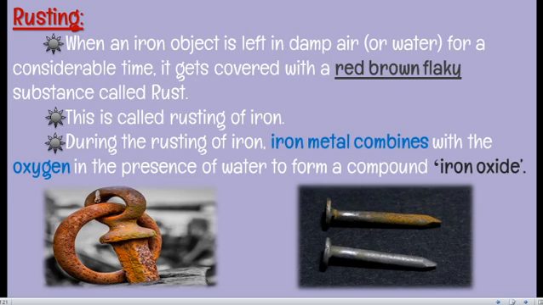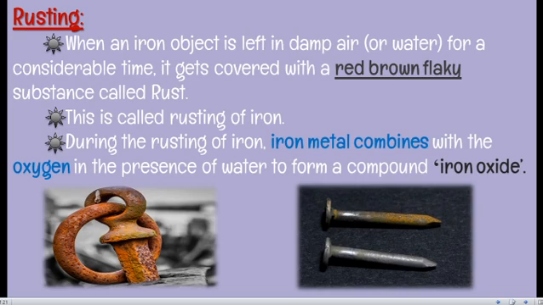During this process, iron metal combines with the oxygen in the presence of water to give a compound called iron oxide. So what is rust? Rust is an iron oxide. Remember that rust is an iron oxide substance. So rust and iron are not the same. Rust is a different substance and the iron object is a different substance.